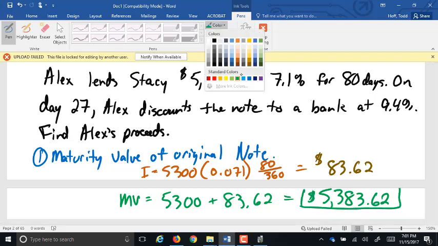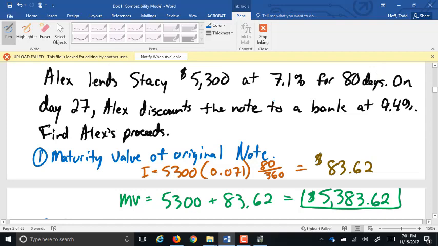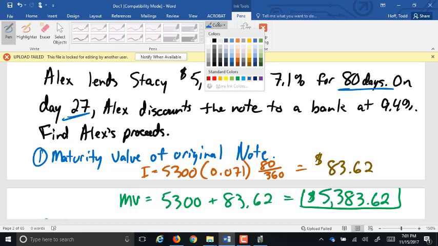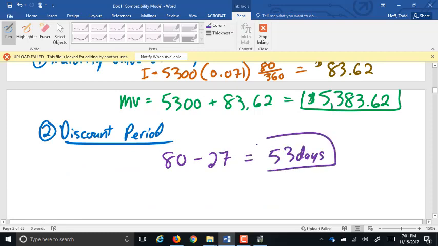So there's our maturity value. Second step, discount period. 27 days have gone by. So 80 days total minus 27 days gone by gives us 53 days left.